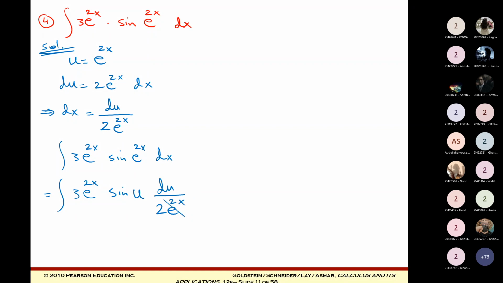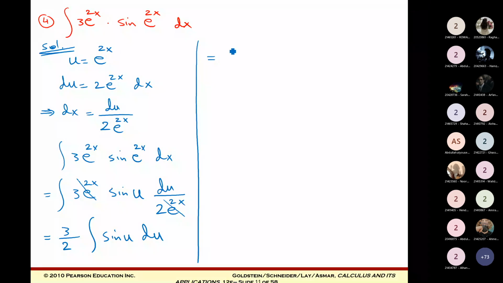We can cancel e to the power 2x with e to the power 2x, and we have 3 over 2 outside the integral and sine u du. Now the integral of sine u equals negative cosine u, so we have 3 over 2 multiplied by negative cosine u plus c.